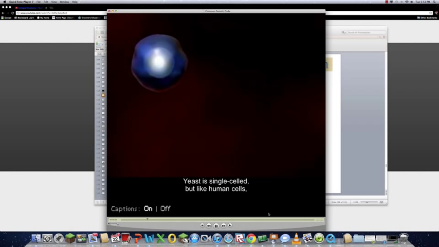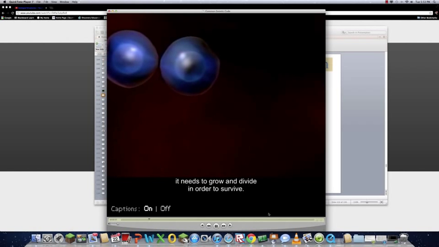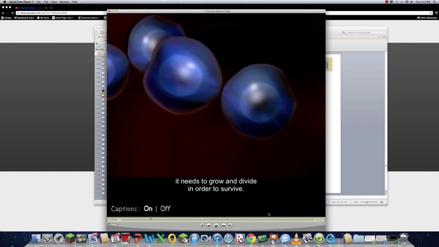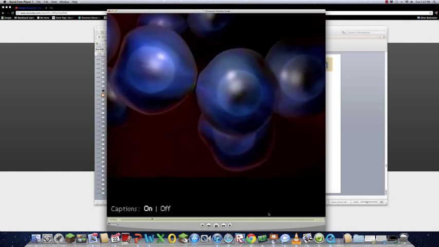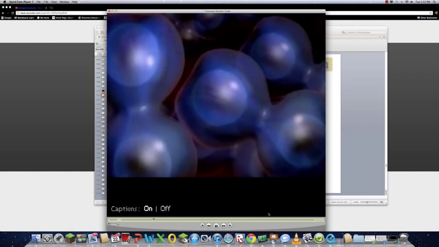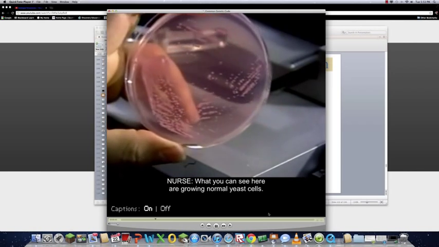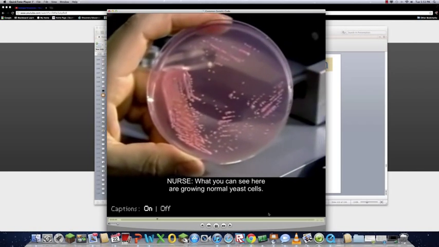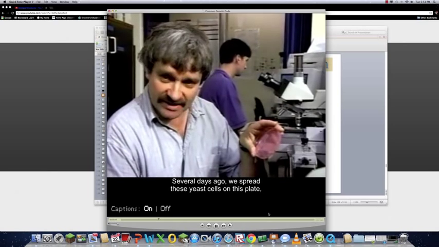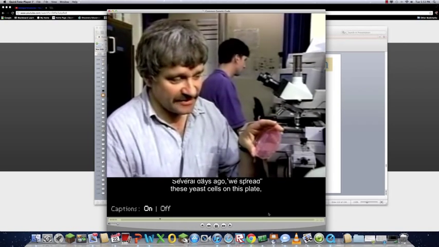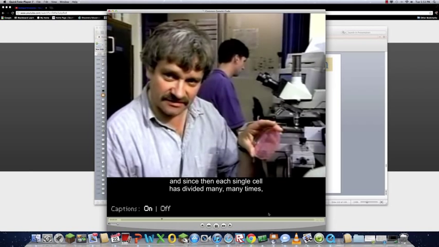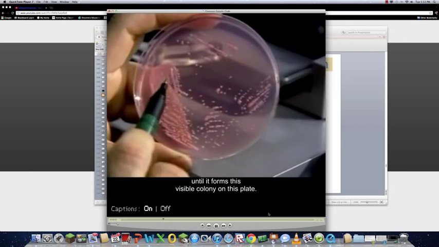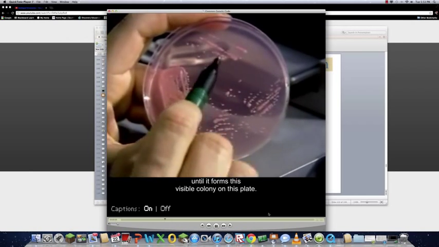Yeast is single-celled, but like human cells, it needs to grow and divide in order to survive. What you can see here are growing normal yeast cells. Several days ago we spread these yeast cells on this plate, and each single cell has divided many times until it forms this visible colony, as we call them.